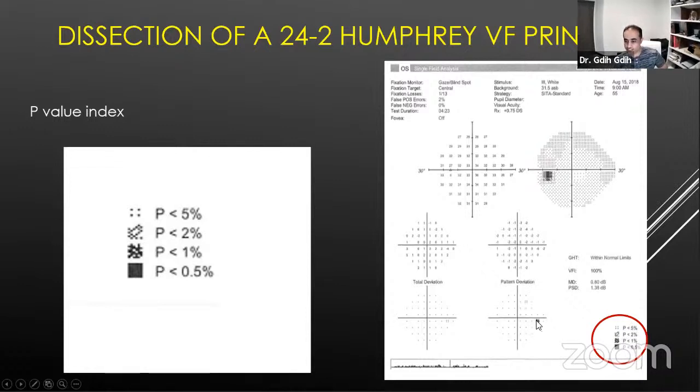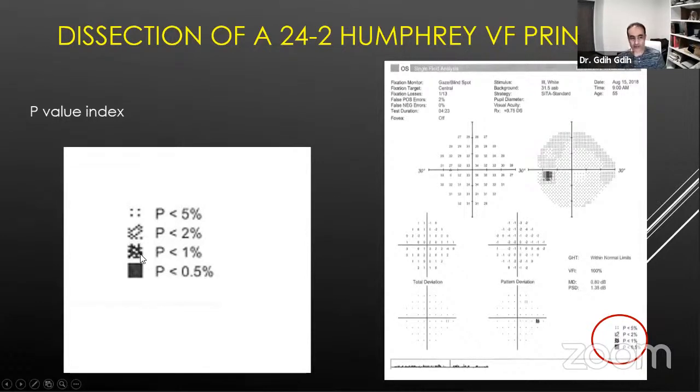So for example, this single dot here, what P-value is it? Looking at the scale. Less than 1. Exactly, less than 1. So the lower the P-value, the deeper the scotoma is. A full square will give a P-value of less than 0.5%.